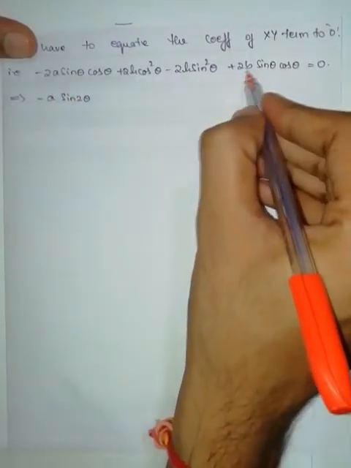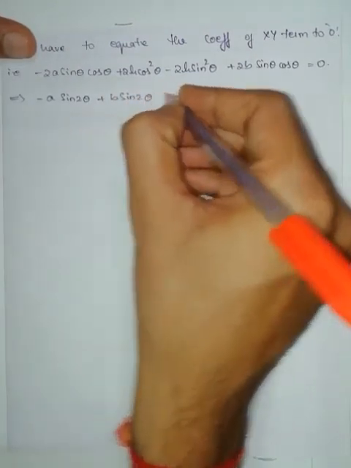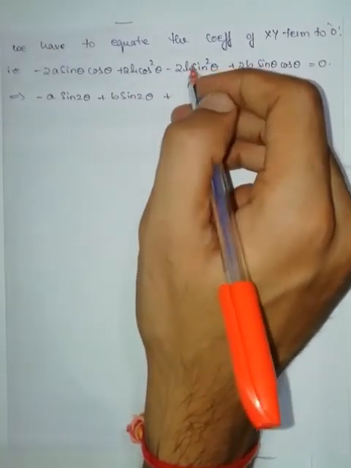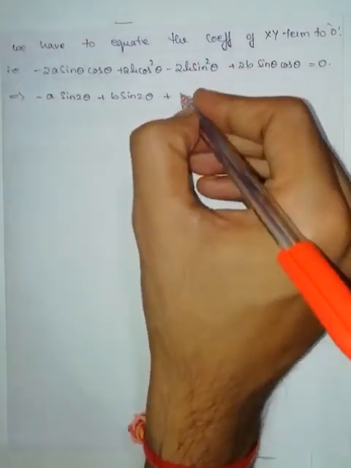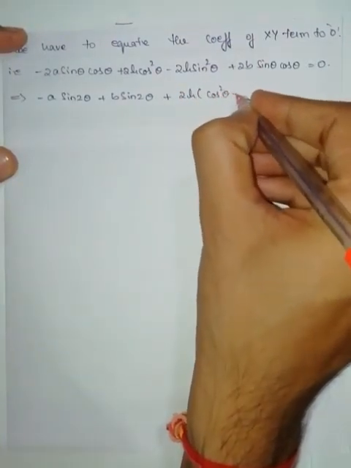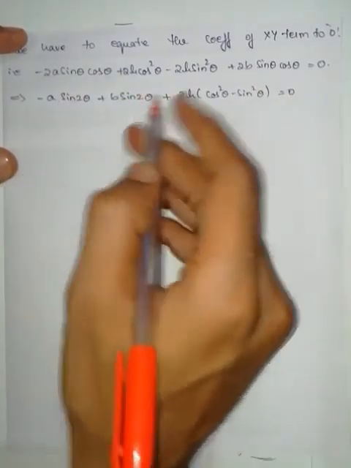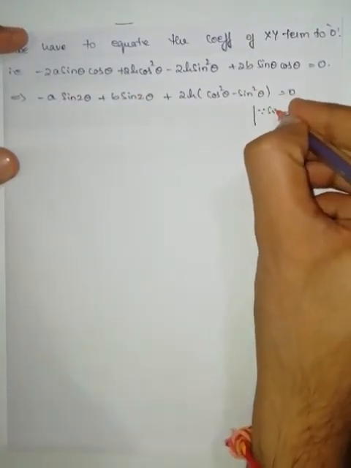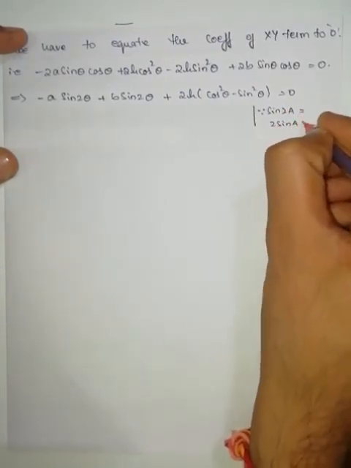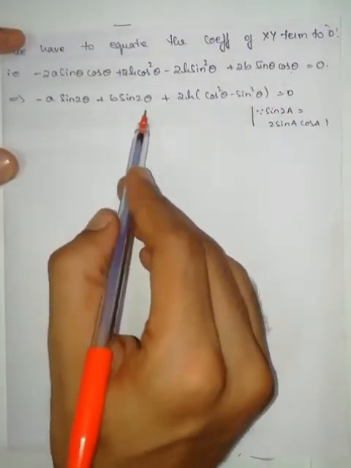Now I am writing this one here, plus b sin 2 theta plus now this one becomes 2h common, cos square theta minus sin square theta is equal to 0. How I wrote this one? Since sin 2a is equal to 2 sin a cos a, formula 2 sin theta cos theta can be written as sin 2 theta. Same thing here.